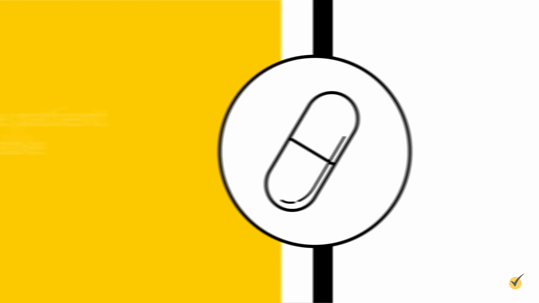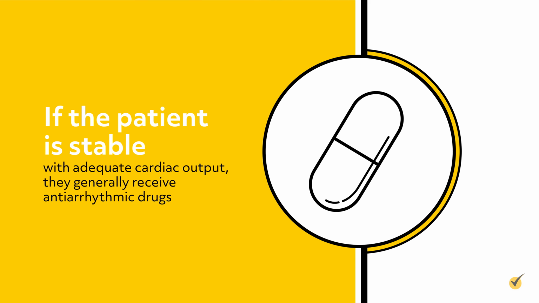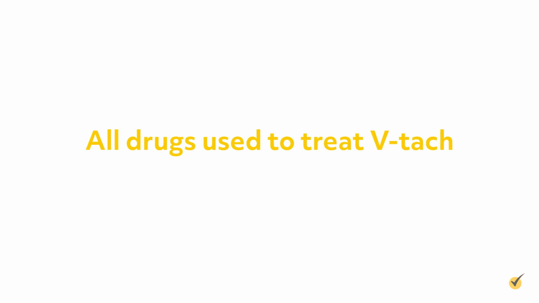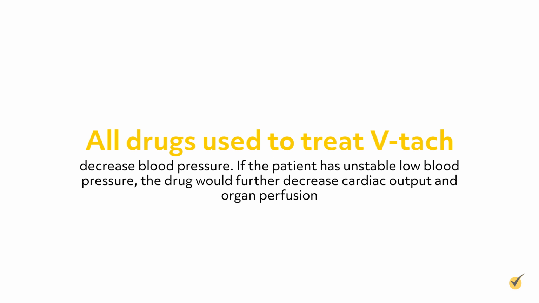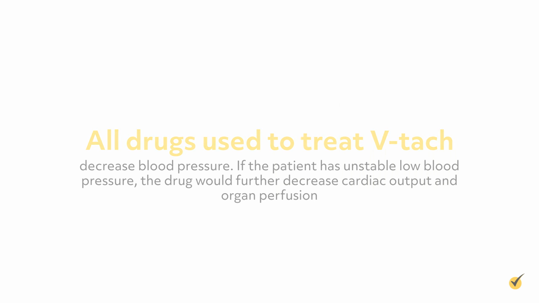If the patient is stable with adequate cardiac output, they generally receive antiarrhythmic drugs. All drugs used to treat VTAC decrease blood pressure. If the patient has unstable low blood pressure, the drug would further decrease cardiac output and organ perfusion.